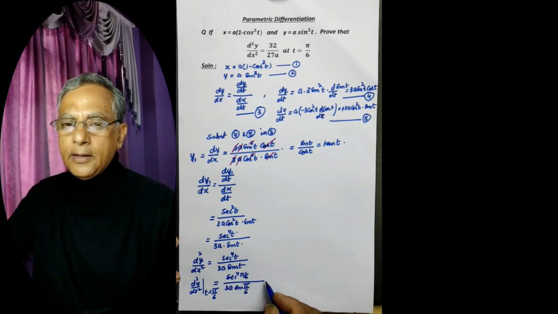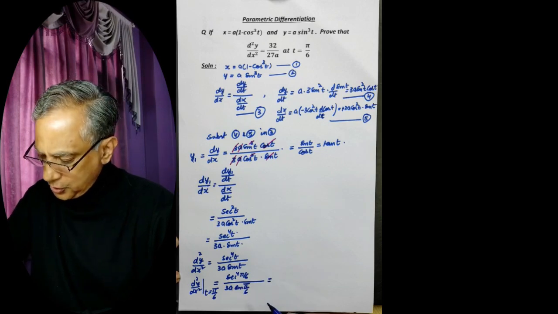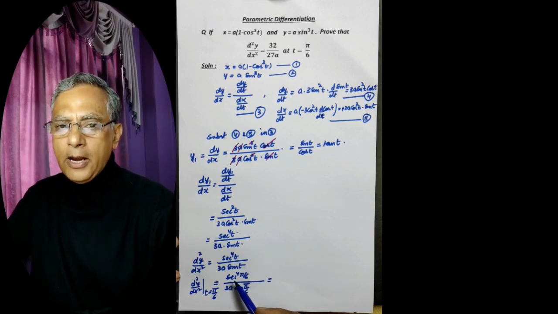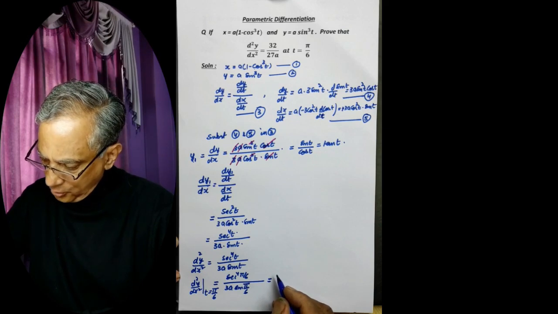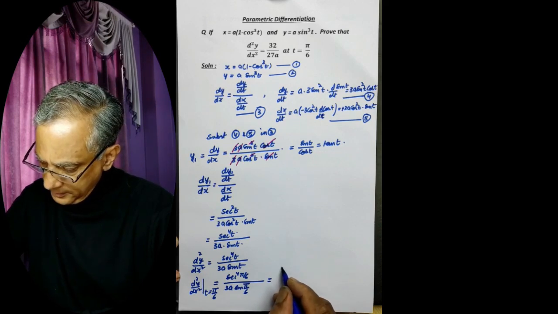Pi by 6 is 30 degrees. So secant of 30 degrees will be 1 by cos of 30 degrees. Cos of 30 degrees is root 3 by 2, so this will be 2 by root 3.